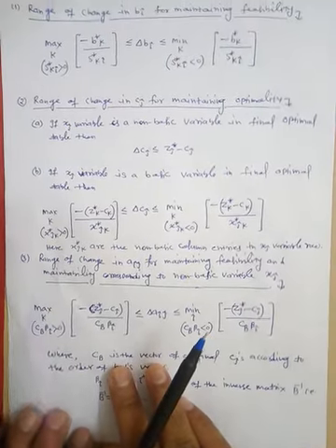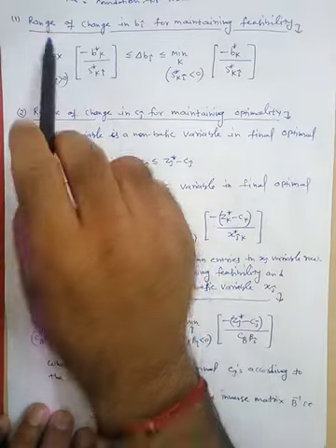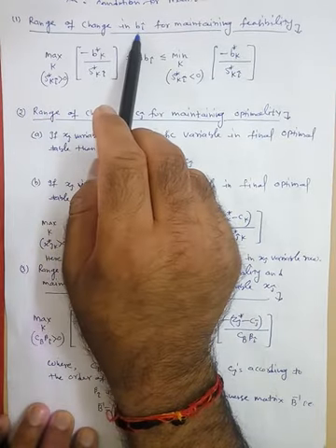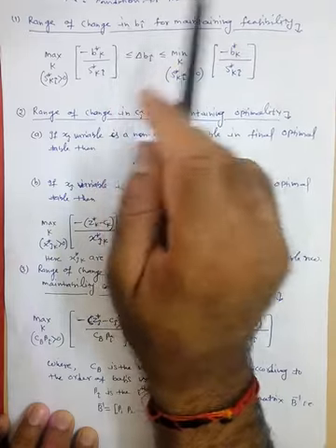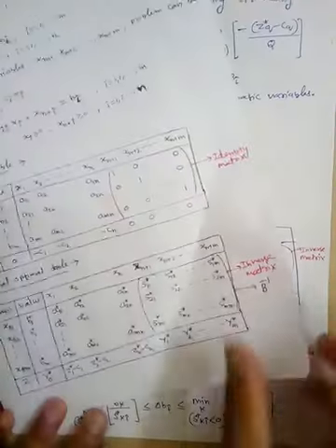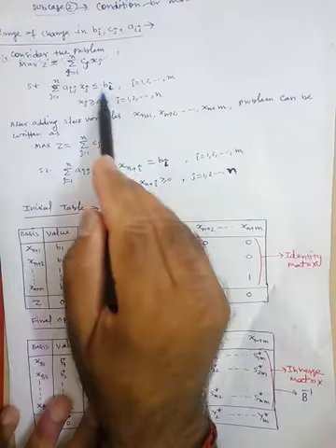First we are discussing the range of change in bi for maintaining feasibility, because bi is related to this value.